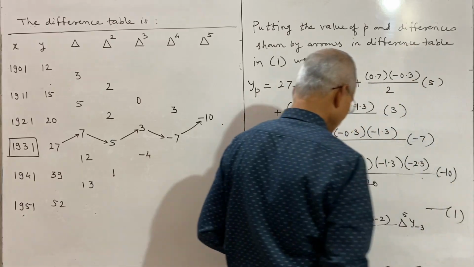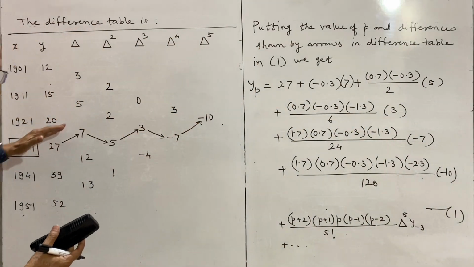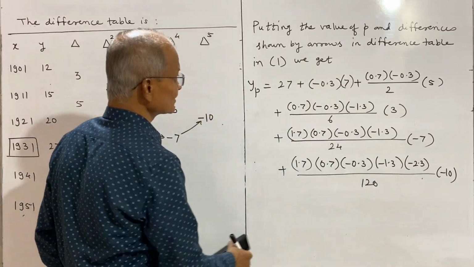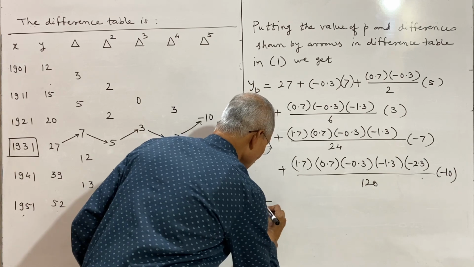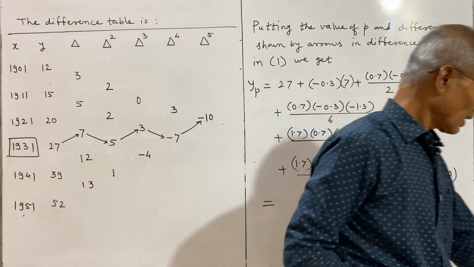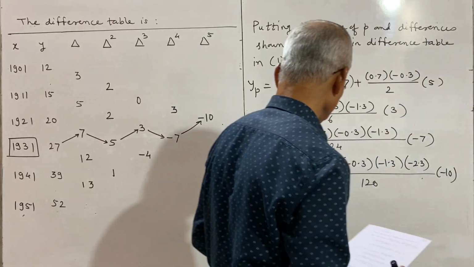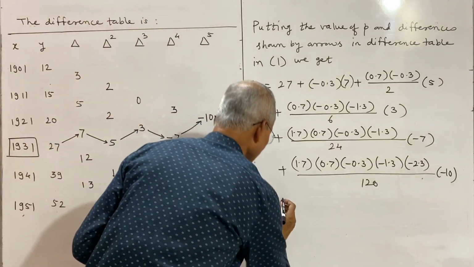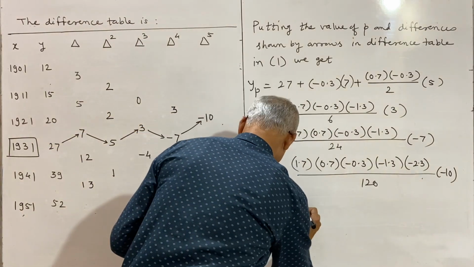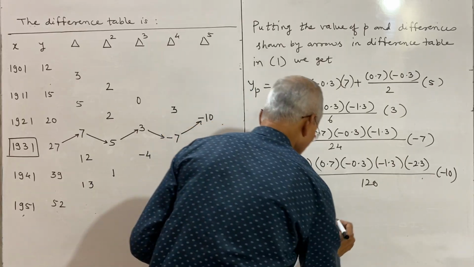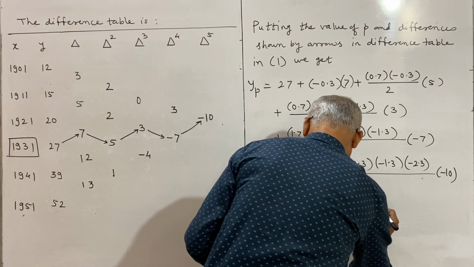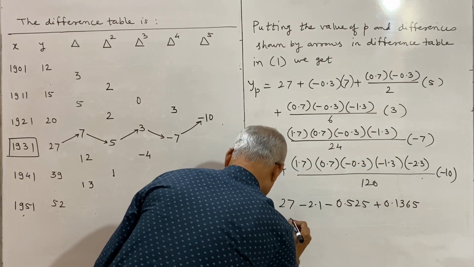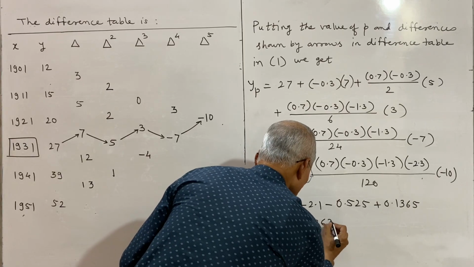So we have put the values of p and these differences in the Gauss backward difference formula. Now the remaining step is the calculation. We have to use a scientific calculator to do this, and I have done the calculation here. The values: this is 27, this product is minus 2.1. Next, I shall write directly; you should verify this.